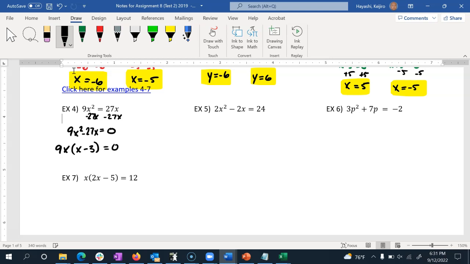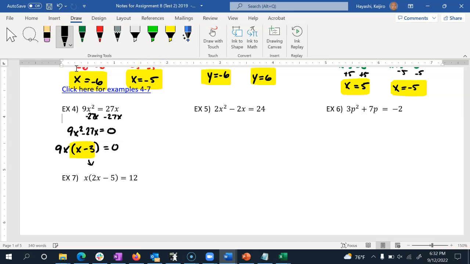Okay, well, is that factored? Yes, it is. So if it's factored, what are your factors? Name one of the factors. Okay, x minus 3 is definitely one of them.